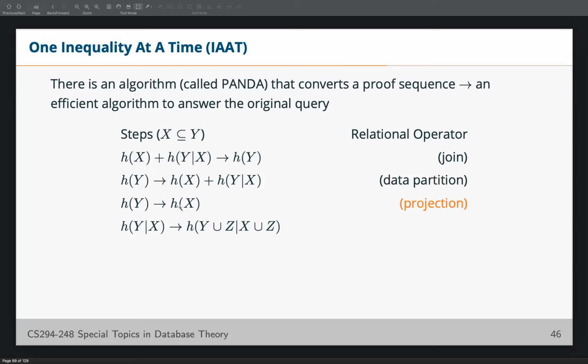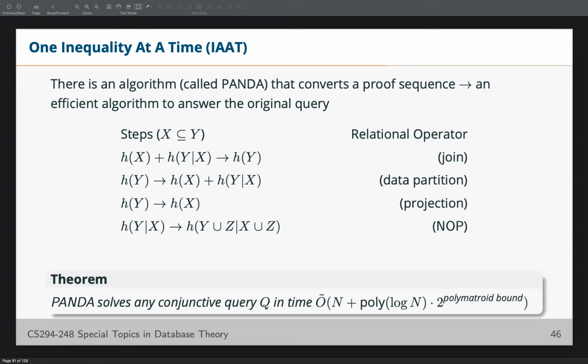You can guess where it's going. In some ways it's pretty obvious in hindsight. If you have to move from many variables down to fewer variables, that's the projection. And finally, submodularity is actually a no-op. It doesn't do anything. It's just an intermediate step to get to the next step of the algorithm. Okay.